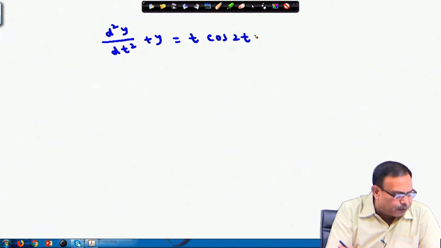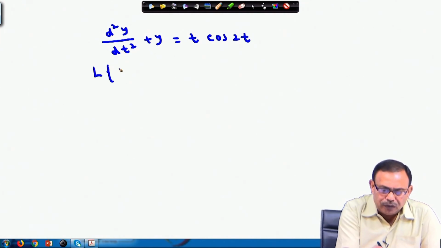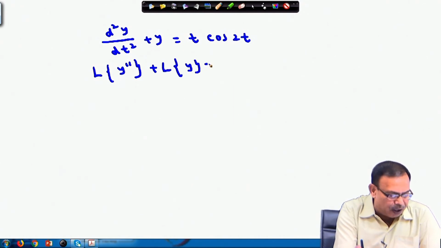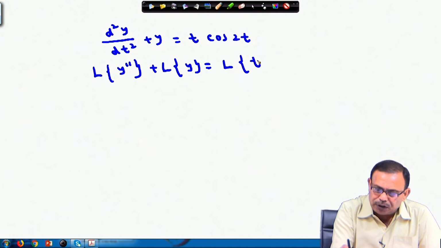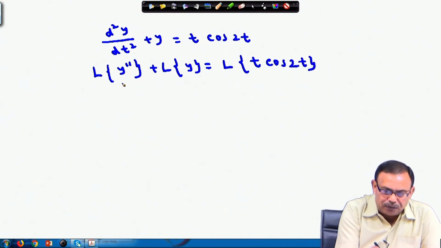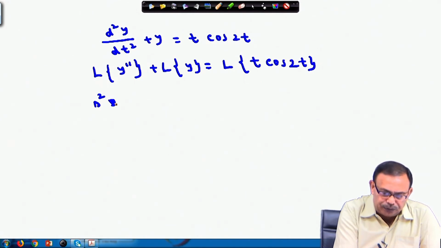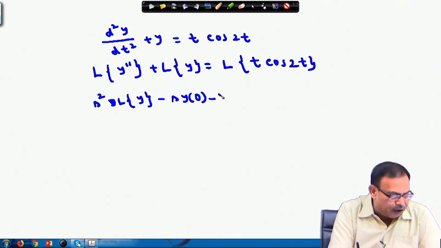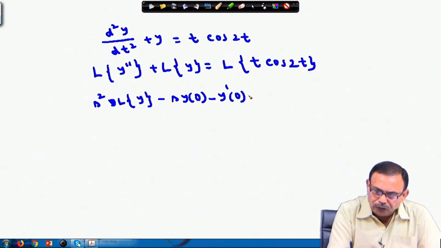You take the Laplace transform on both sides of the given equation. So, Laplace transform of y double dash plus Laplace transform of y equals Laplace transform of t cos 2t. Taking Laplace transform, now you are familiar, Laplace transform of y double dash is s square into Laplace transform of y minus s y 0 minus y dash 0 plus Laplace transform of y.